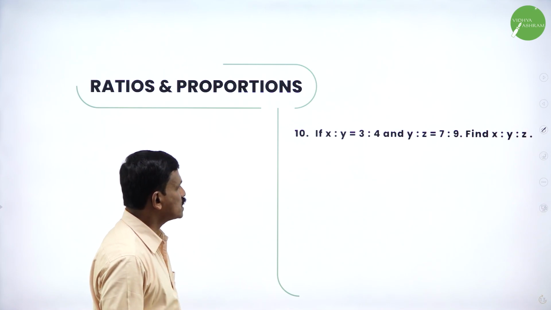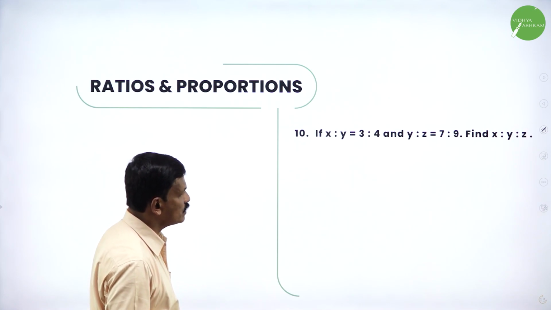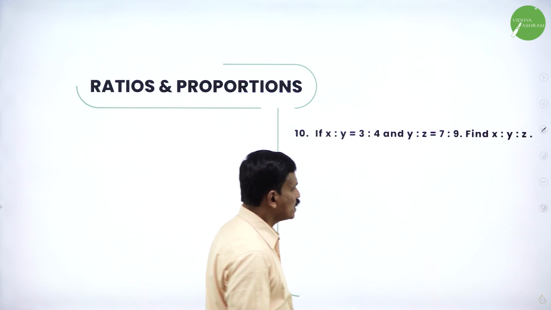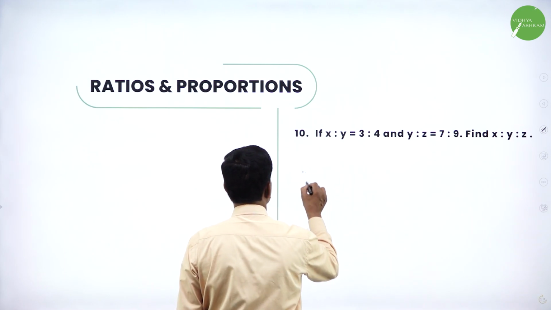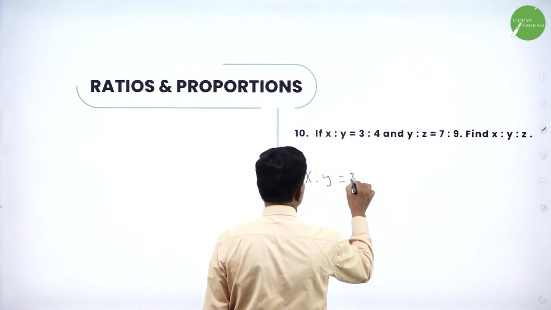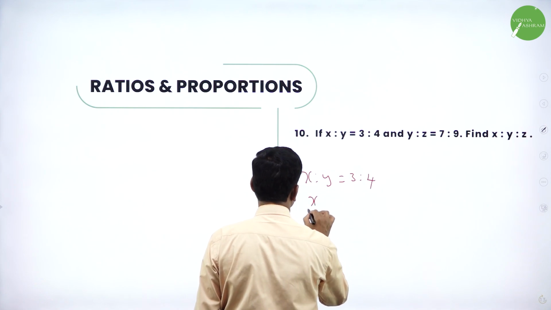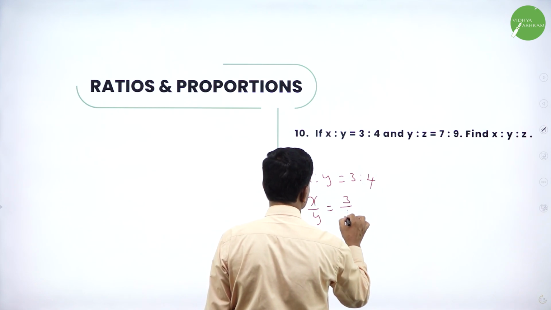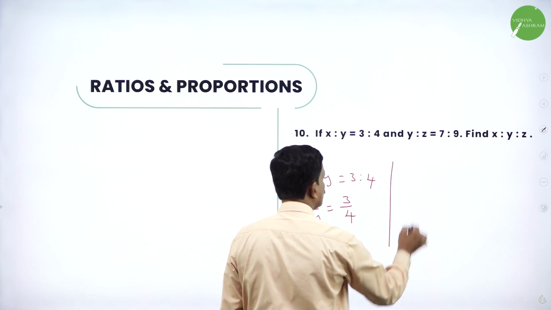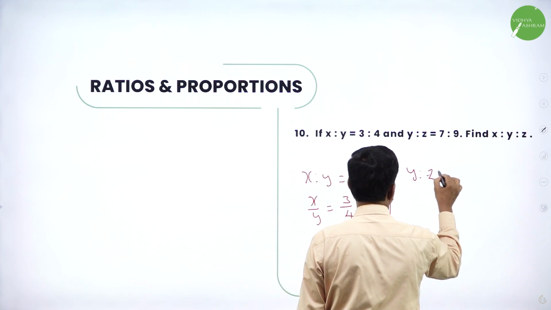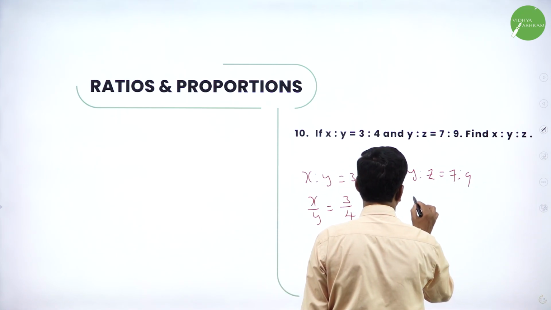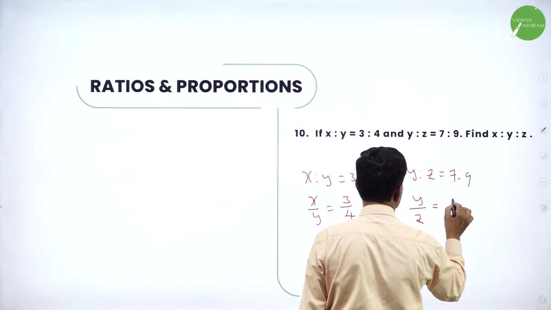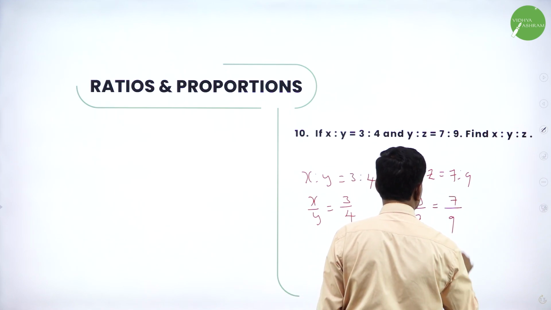If X is to Y is 3:4 and Y is to Z is 7:9, then find X is to Y is to Z. What is given? X is to Y is equal to 3:4. That means X by Y is equal to 3 by 4. And what is given here? Y is to Z is equal to 7:9. Y by Z is equal to 7 by 9.